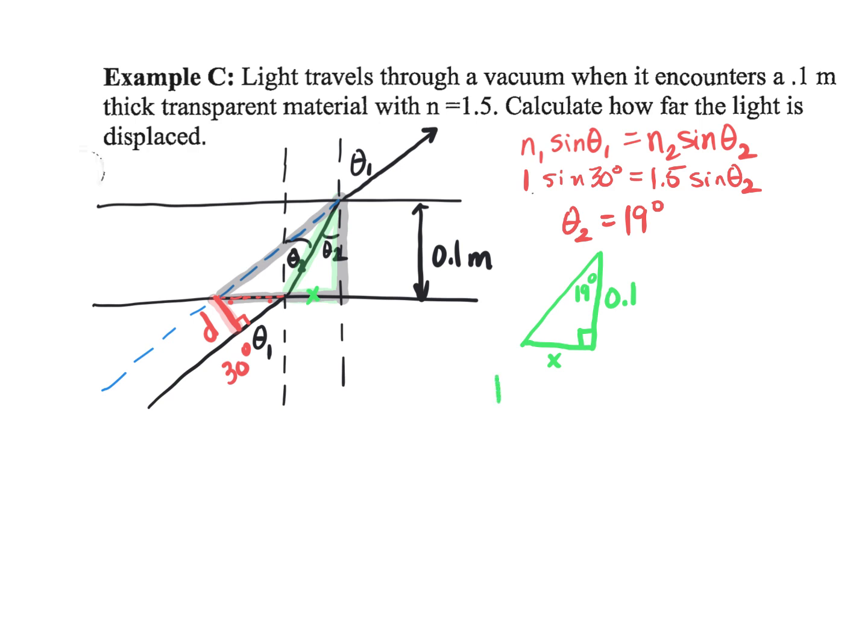This is tangent, isn't it? Tangent of 19 degrees is opposite over adjacent. So what is X? .034, yeah.